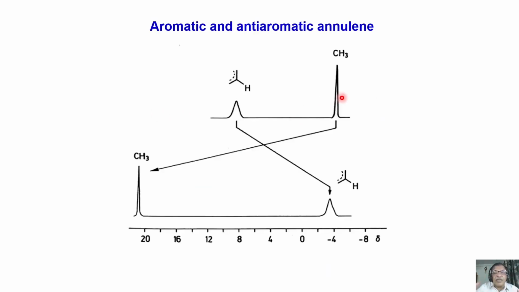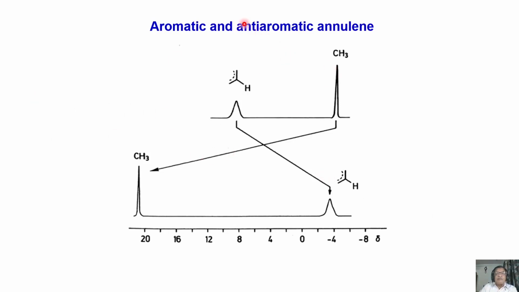Another very beautiful comparison is aromatic and anti-aromatic annulenes. In one case, for example, the CH3 comes here and the aromatic proton comes here. If you take the anti-aromatic, the CH3 comes downfield, whereas the aromatic protons come high field. It gets completely reversed. Remember, the appearance of the chemical shifts of aromatic and anti-aromatic protons gets completely reversed like this. That's an important point you must remember.